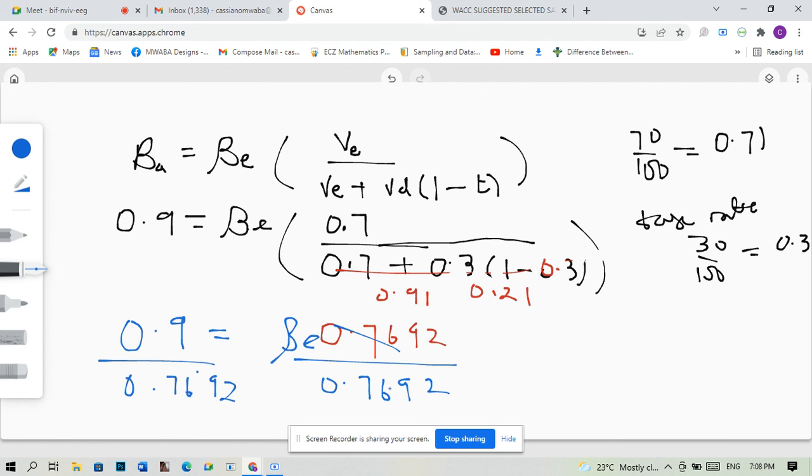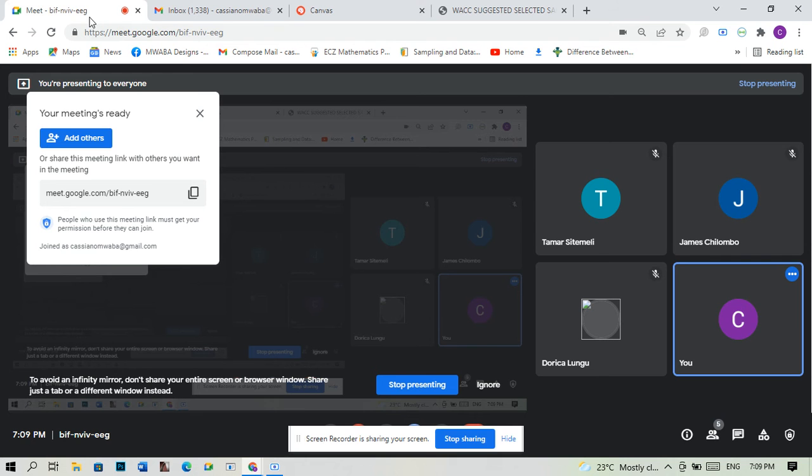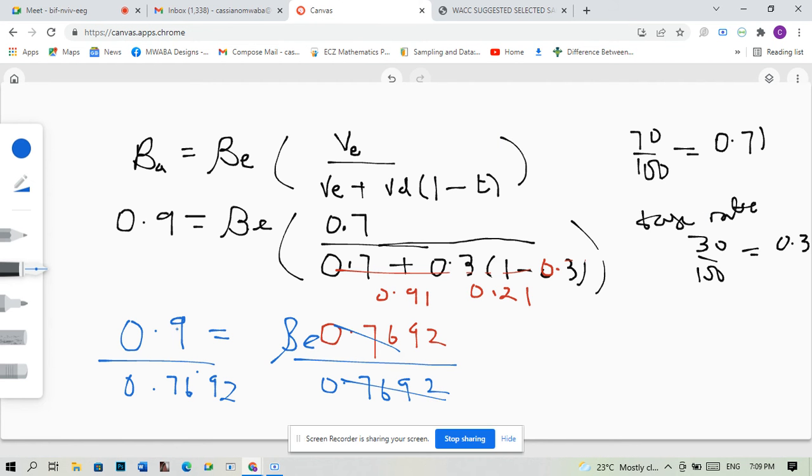What answer do you get when you divide 0.9 by 0.7692? 1.17.